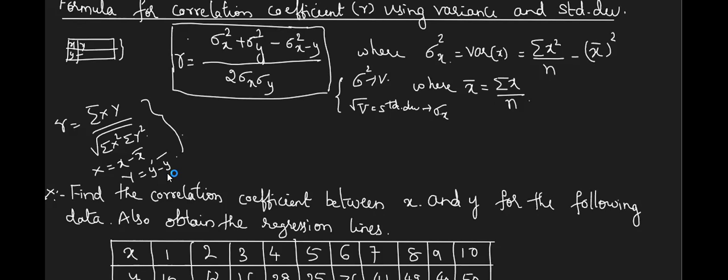What is n? It is the number of values in the set. Using this formula, you get sigma square x. How can I get sigma x from this, since the formula has sigma x also?